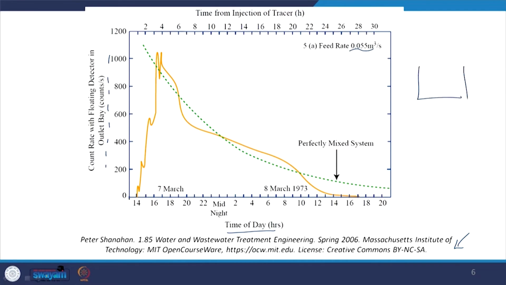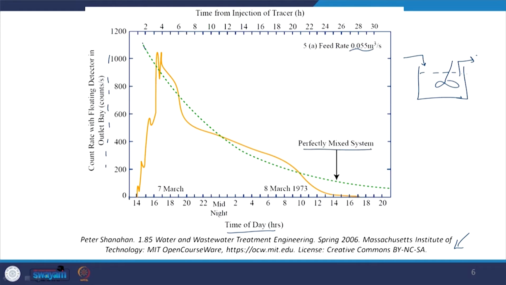So, if it is a completely mixed system, ideal system, what should happen? As soon as I put the tracer in, it should be immediately diluted, right, and that should show up immediately in my outlet. So, that is why we have this theoretical profile of a perfectly mixed or ideal CSTR, let us see, right.